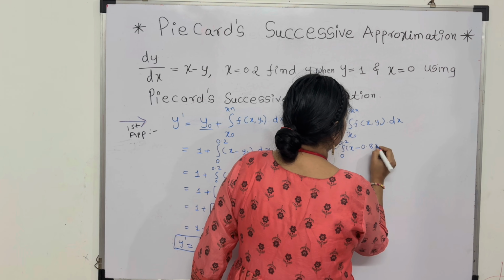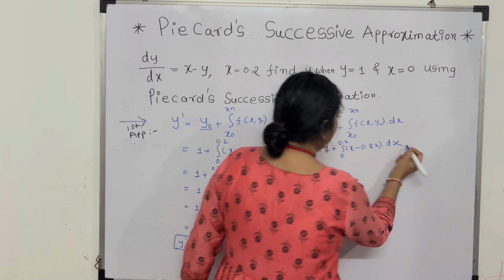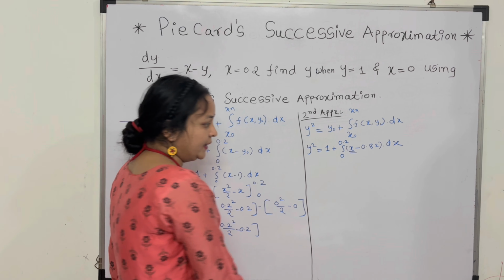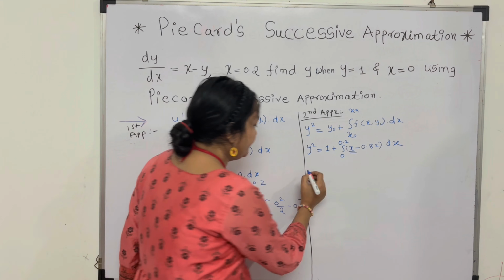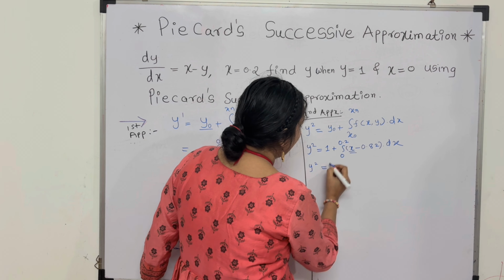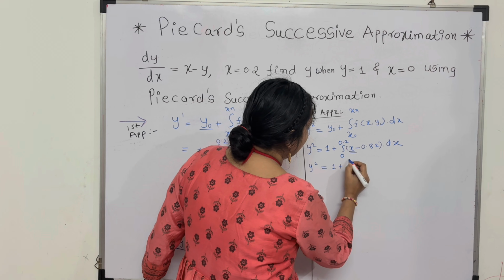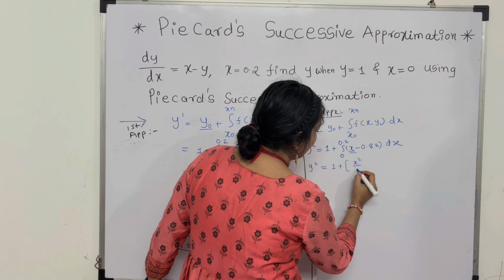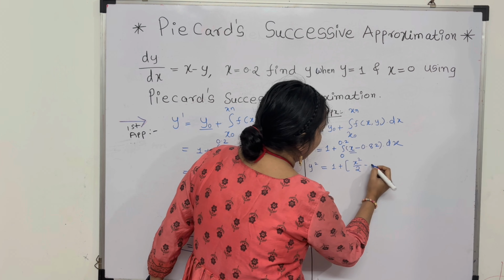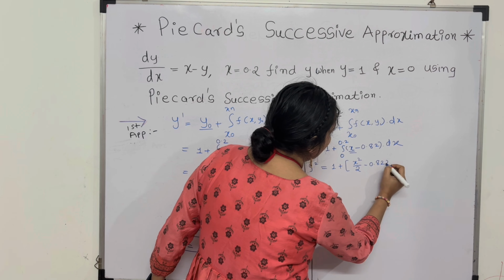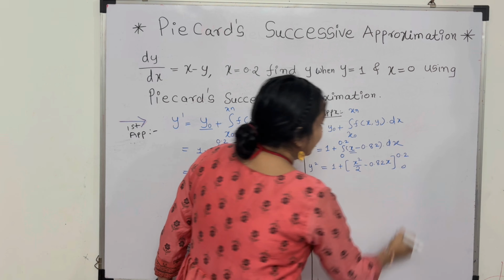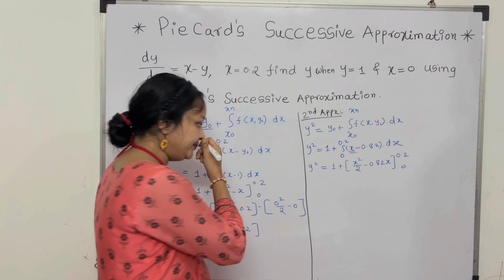So you are supposed to consider this value with dx, right? In the same manner you have to perform the integration over here. The y2 value becomes 1 plus, again in the same manner, x square by 2 minus 0.82 into x, and you are supposed to put the limits over here, right?